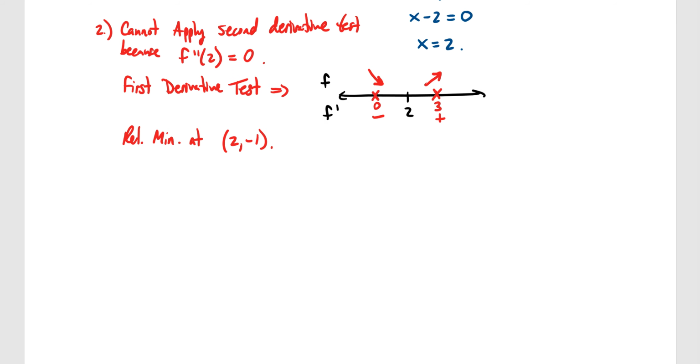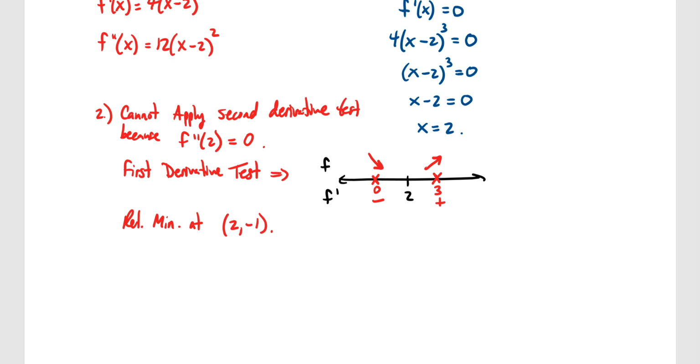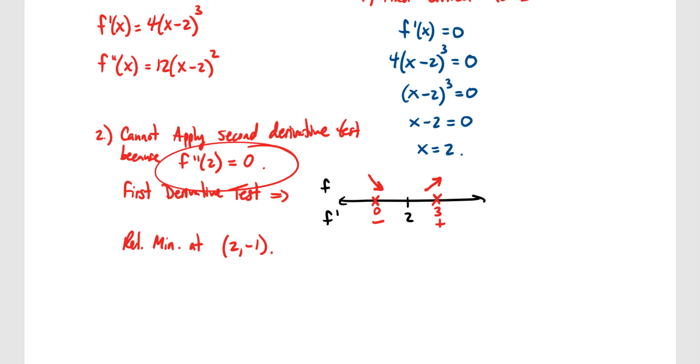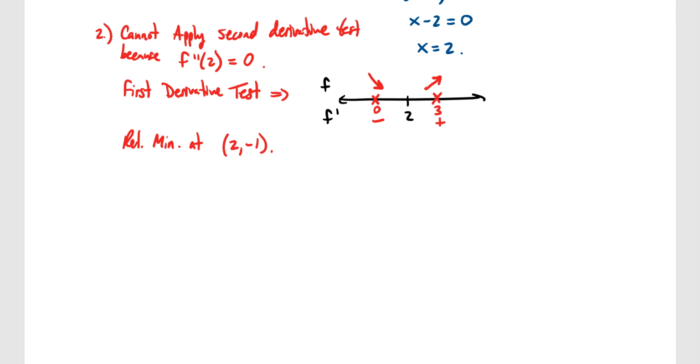And something we don't have to worry about is finding the inflection point. Since we just said that f double prime of 2 equals 0, then we might think that that is the inflection point, but it's the relative min, so it cannot be the inflection point. So we actually don't even have to worry about it here, so we can skip it.